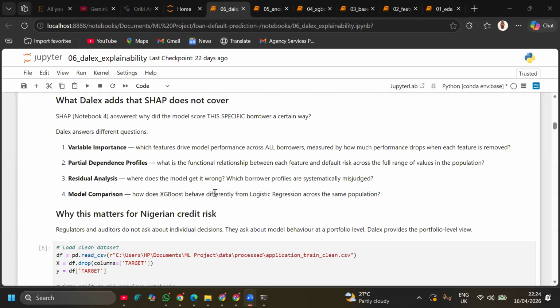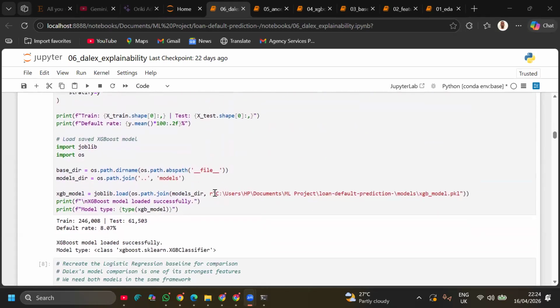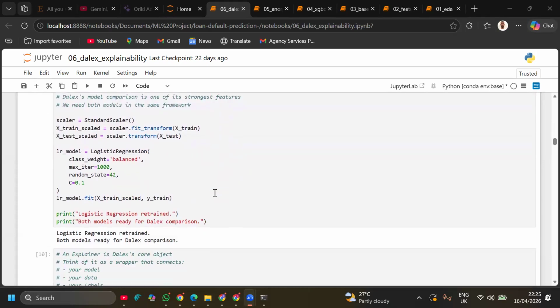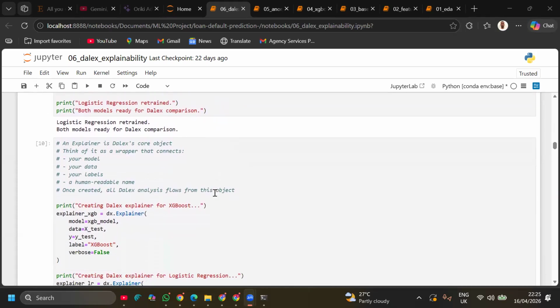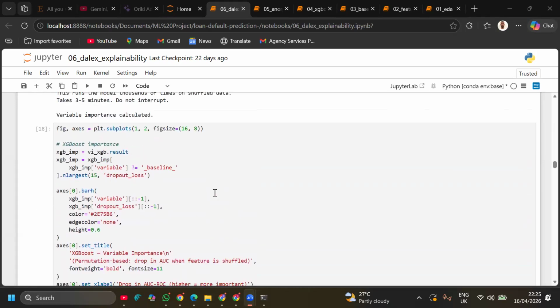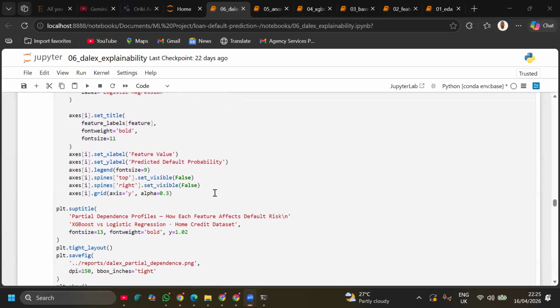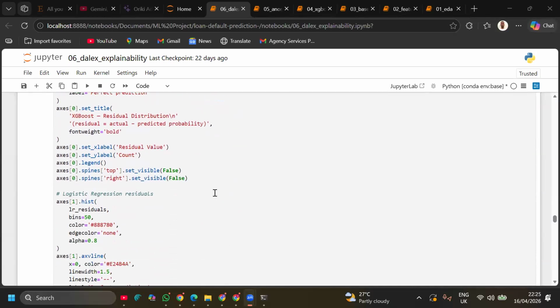So we need to explain all of this. And what can we use to explain this? We need to use the DALEX to actually explain why we are using that kind of model for our analysis. Okay, so looking at the DALEX, let me go down straight to the chart.